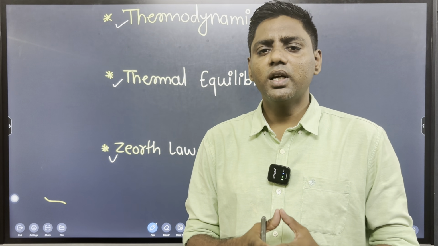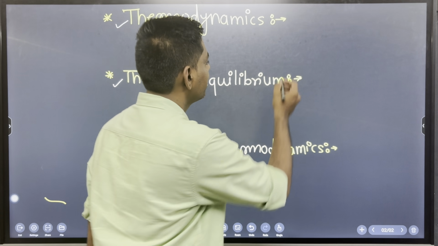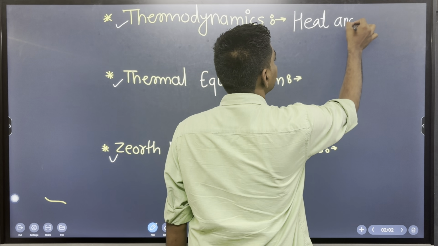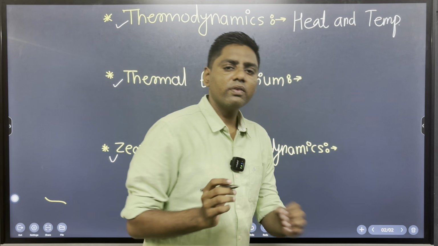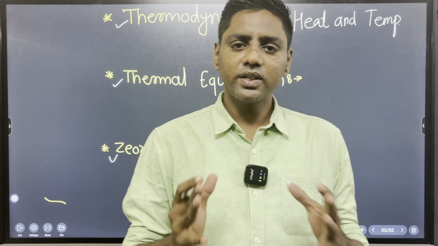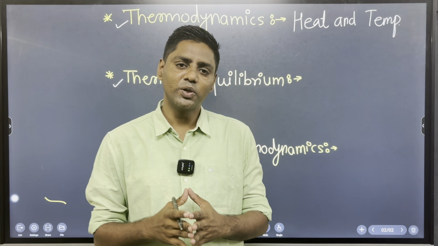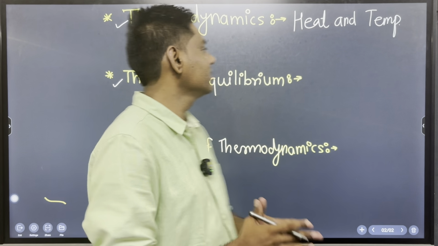So remember that thermodynamics is the branch of science which deals with the study of heat and temperature. Whenever any body is associated with heat, and the body has a temperature different from another body, this study comes under thermodynamics.